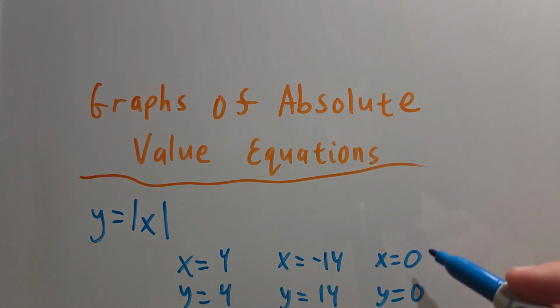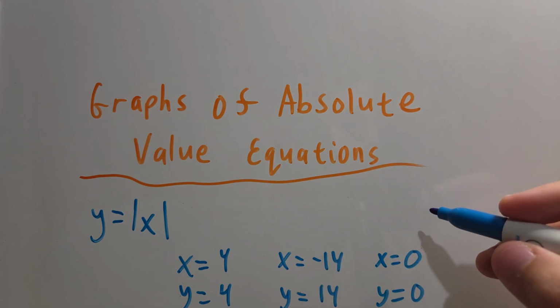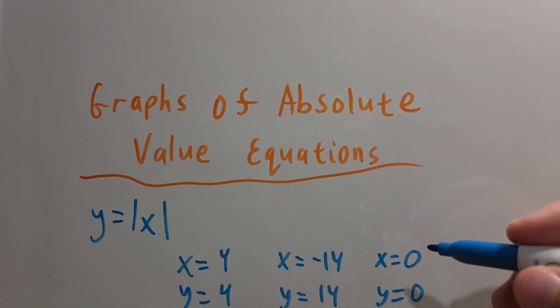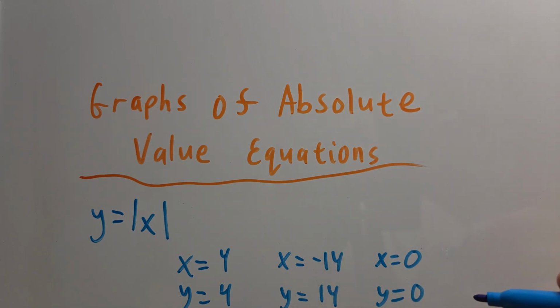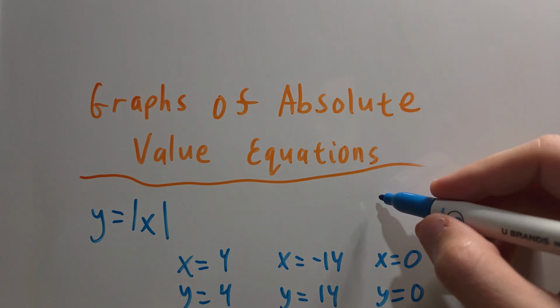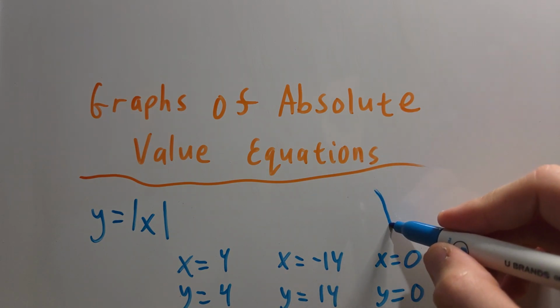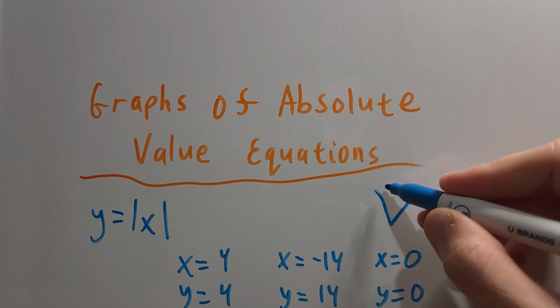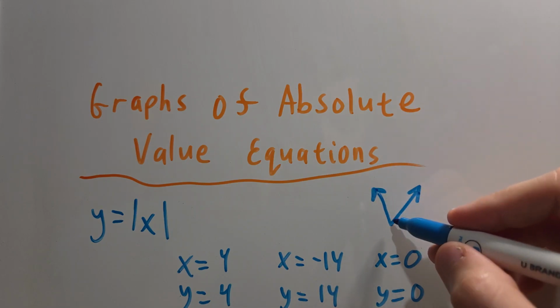For this video in particular, we're going to talk about what the shape of the absolute value graph looks like, and then we'll talk about something called translations. So let's go ahead and take a look at this shape, because this is kind of like what our graph will look like.